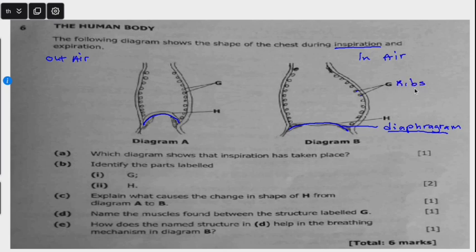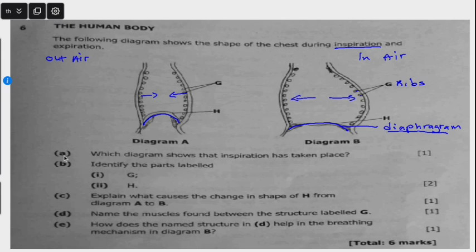So these are called the ribs, and H is called the diaphragm. Like I said, during expiration the shape of the chest is going to reduce in size, as you can see here. Now during inspiration, it is expanding, increasing in size. So that is one thing that you need to know.